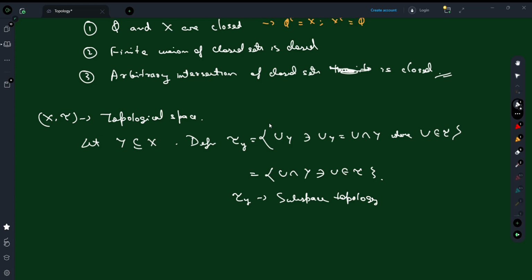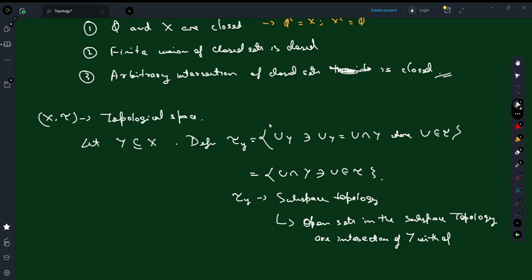If I am to be very literal, then I should say that open sets in the subspace topology are intersections of Y with open sets of X. That's the precise part.